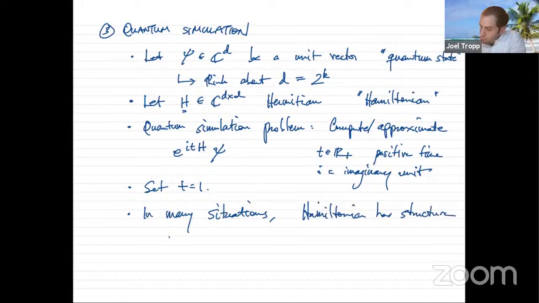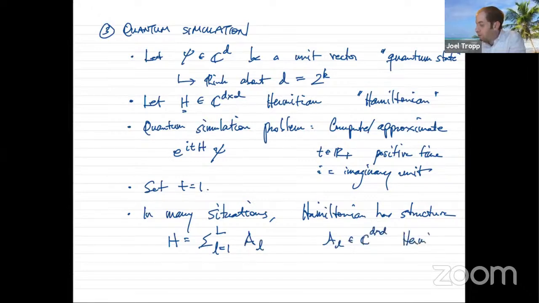A lot of the time you can write down the Hamiltonian as a sum of a very, very large number of other Hermitian matrices, which you should think about as baby Hamiltonians. The idea is that these baby Hamiltonians are very sparse matrices that are easy to implement with your quantum computer.